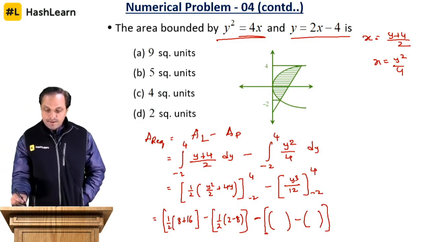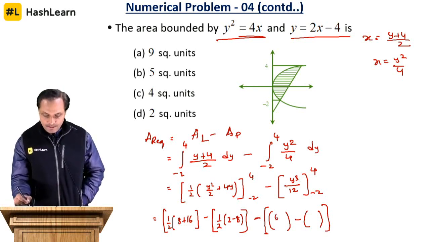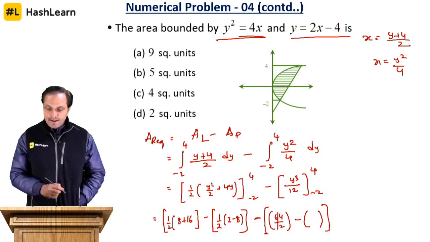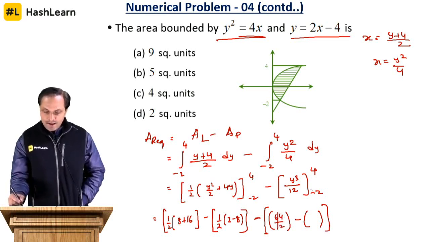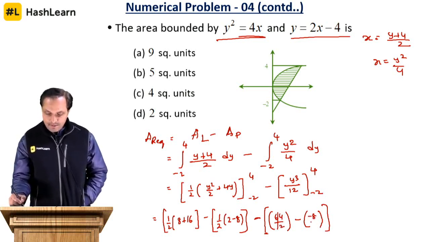Let us come to this one. It will give you 4 into 4, 16, 16 4s are 64, so 64 divided by 12, minus, and the lower limit will give you minus 8 by 12.